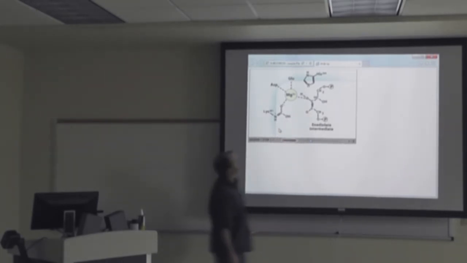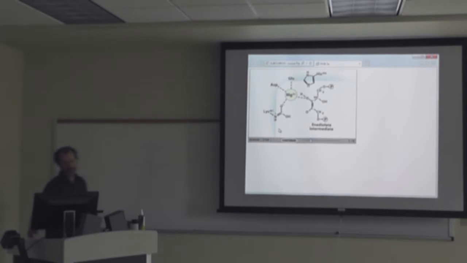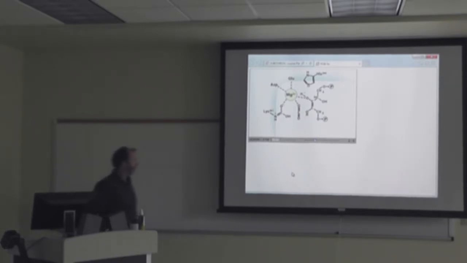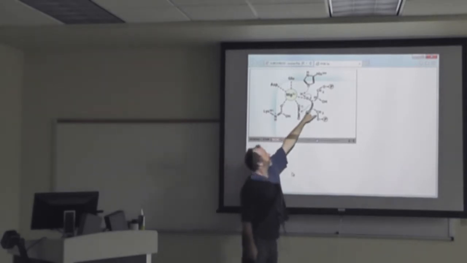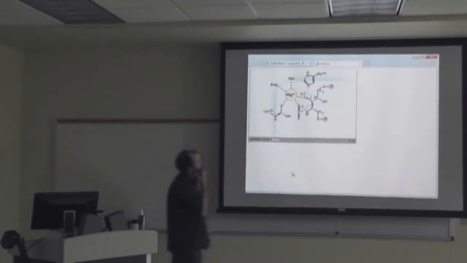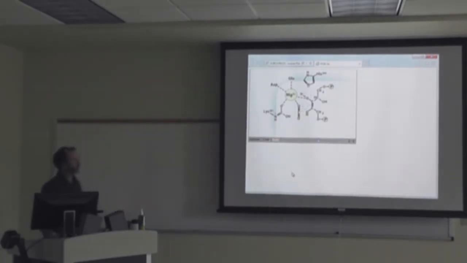There's the ene group. And then this is primed for attack by these electrons on the carbon dioxide to form a new carboxylic acid group. Now you have a beta-keto acid intermediate.